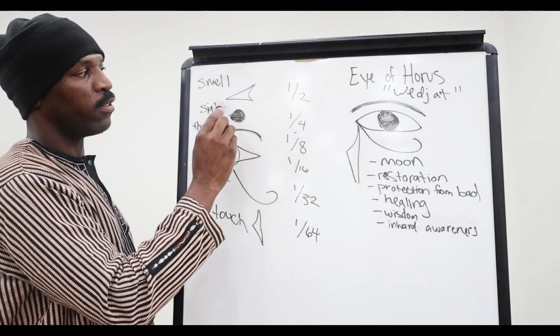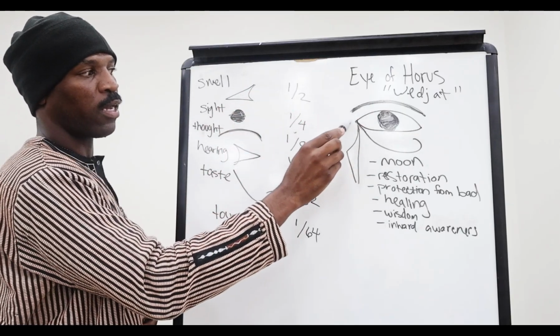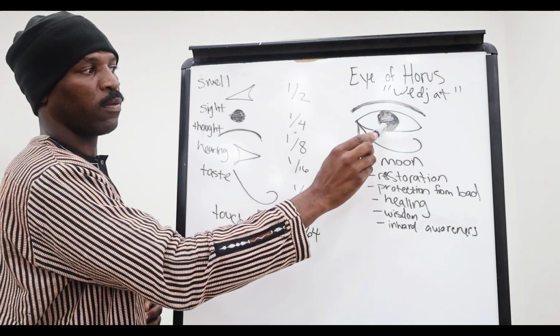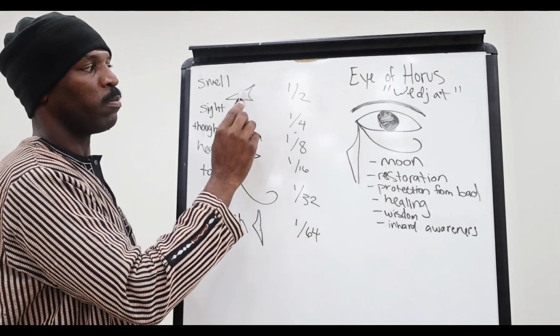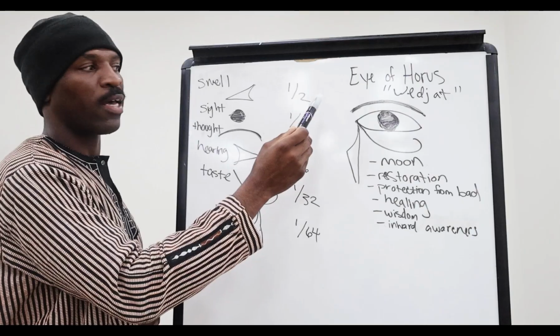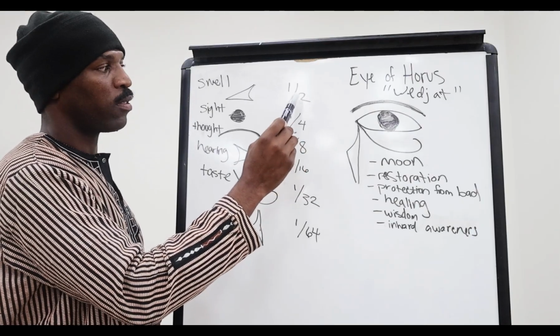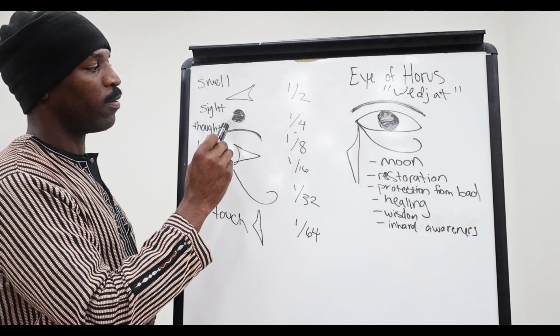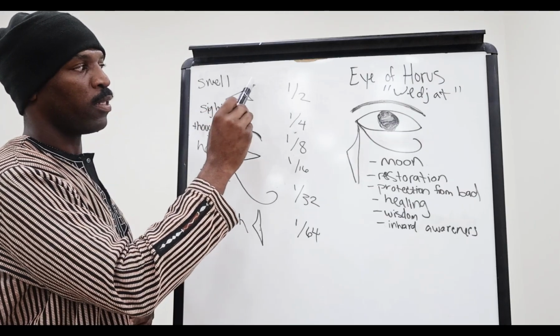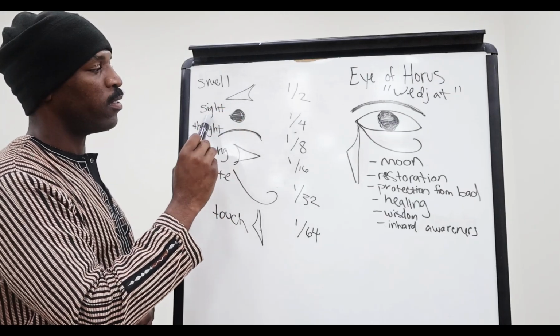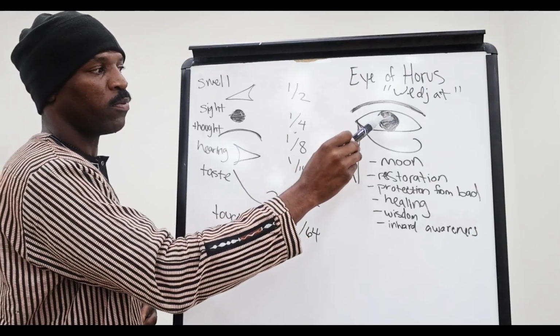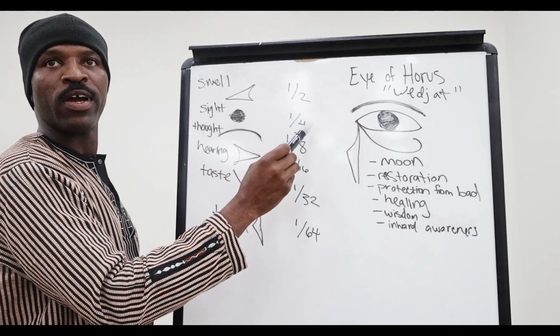You can see that this portion is this portion of the eye here, right? And that was supposed to represent smell, which also coincided with the fraction of 1/2, okay? Then the next one is sight, which represents the pupil here. You get a fraction of 1/4.